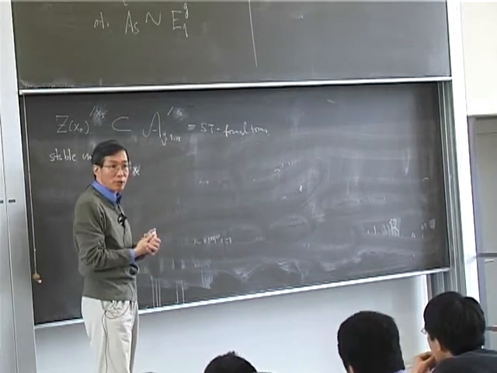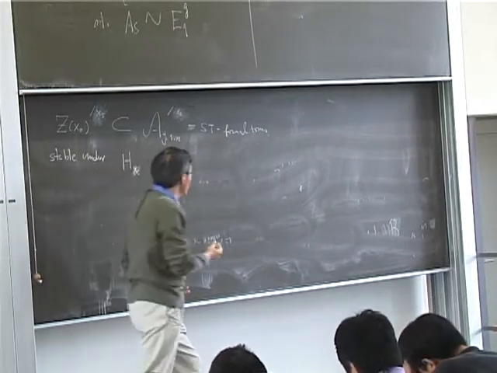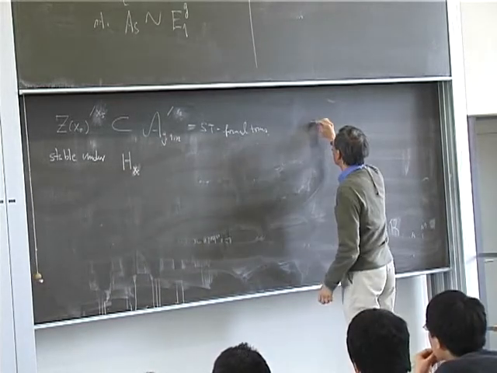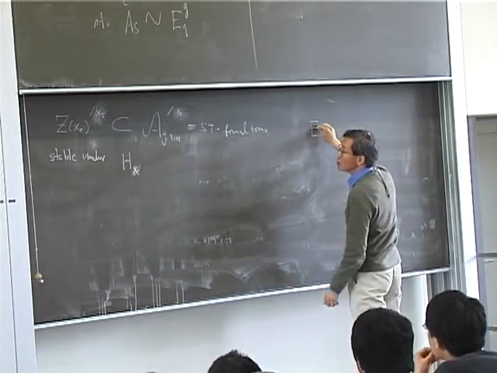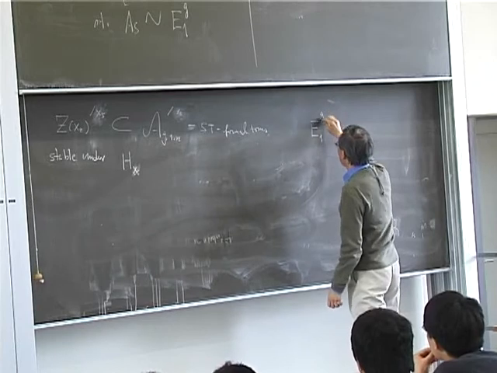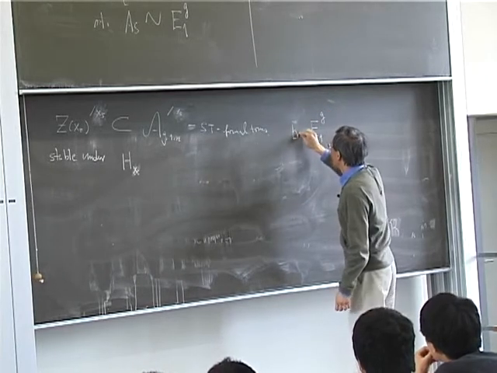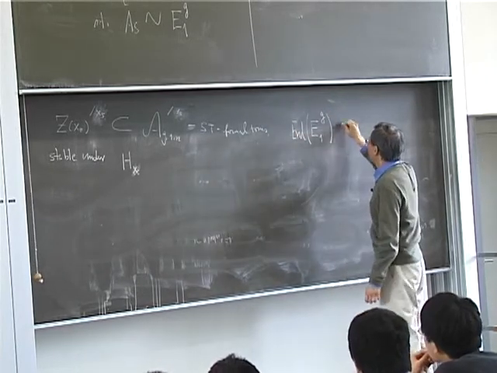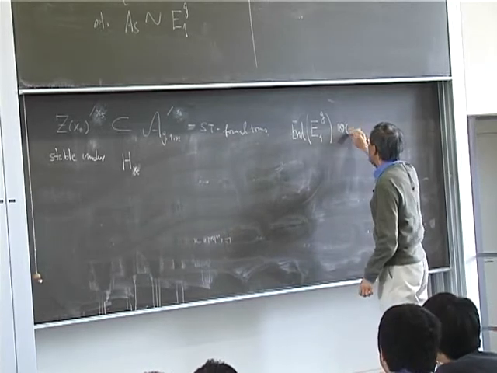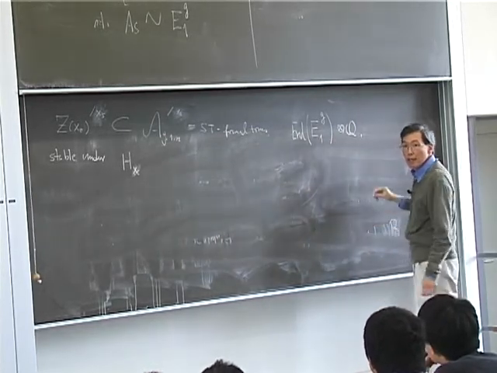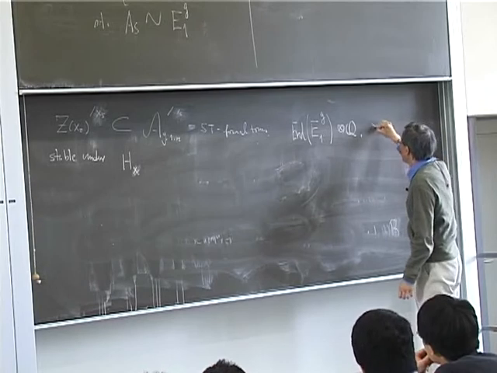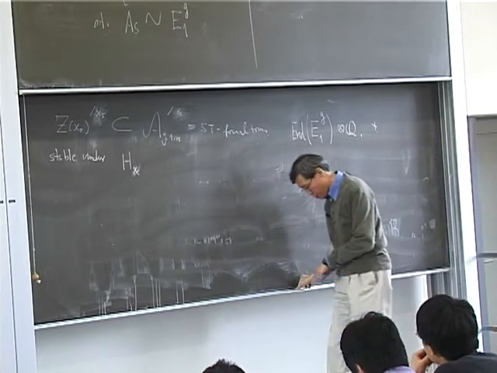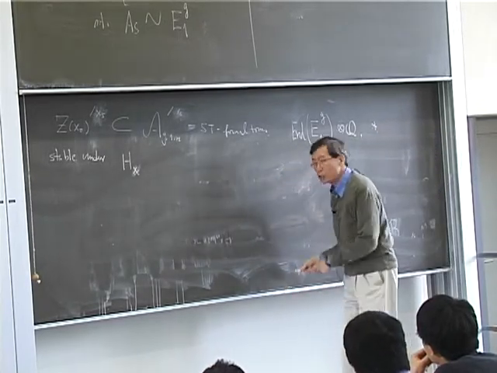How large is the local stabilizer subgroup? Well, you remember that the local stabilizer subgroup comes from E1 to the G copies. We look at its endomorphism algebra tensored with Q, and then there's a polarization, which therefore induces an involution.